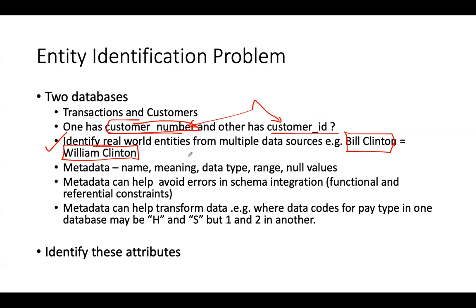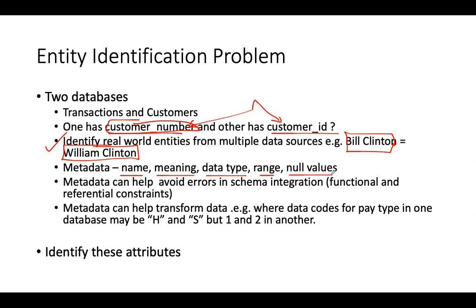Examples of metadata that we can add for each attribute: you can include name, meaning of that attribute, data type, whether it's a string, an integer, float, and all that, and range. And in most cases, you can have null rules. You can put null rules here to handle blank or missing values or null values.